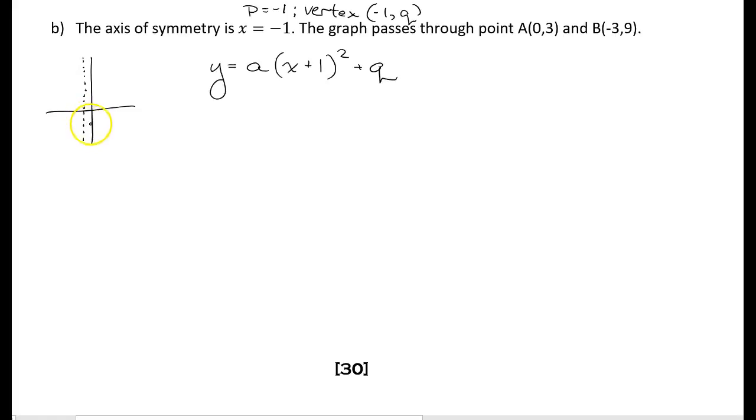I know that at 0 I'm at positive 3, about that point, and at negative 3, I'm at positive 9. So that gives me a couple other points. If I go 1 over in this direction, I'm at positive 3. If I go 1 over in this direction, I'm at positive 3 as well.